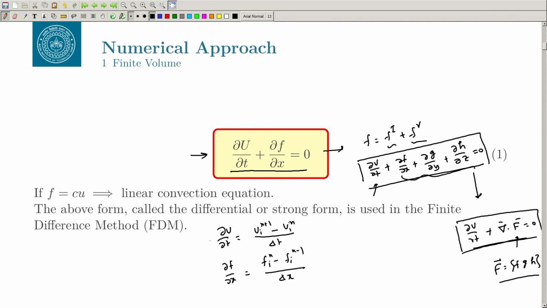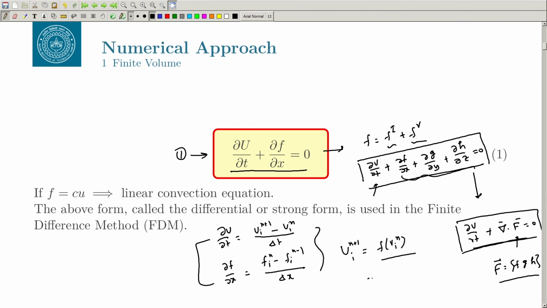Just put both of these into this equation 1, and you can write a discretized equation where u_i^(n+1) is a function of u_i^n, and it will have delta t, delta x and all those things which are governed by your CFL law. Once you fix the grid, you will look at the Courant condition, the CFL condition, fix your delta t, and you can march it and solve it.